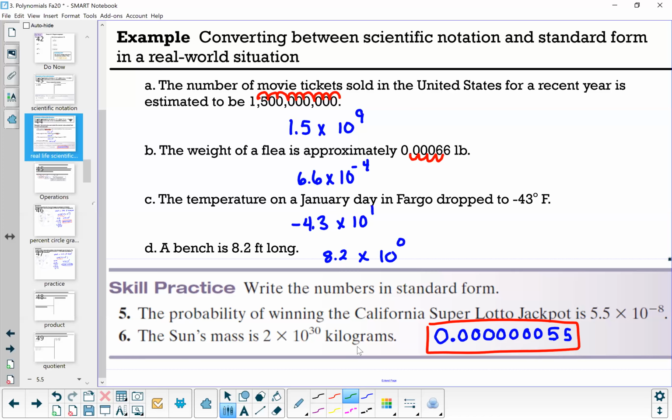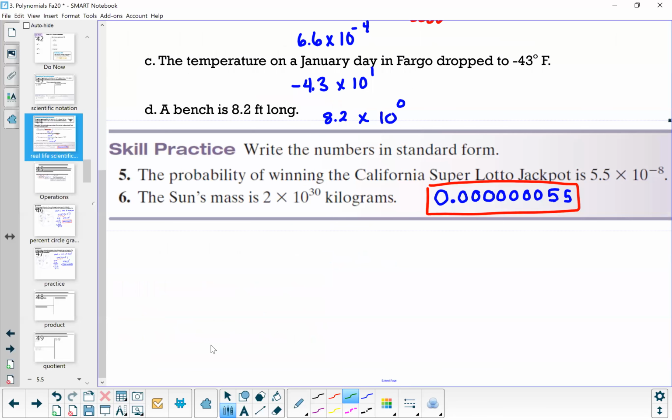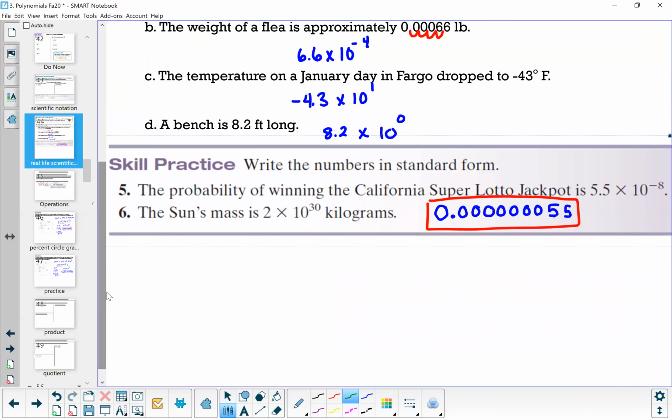Okay, last one. The sun's mass is 2 times 10 to the 30th kilograms. Okay, oh boy. So we have 2. Let's get my blue, 2. And we know we need to move the decimal place 30 digits to the right.